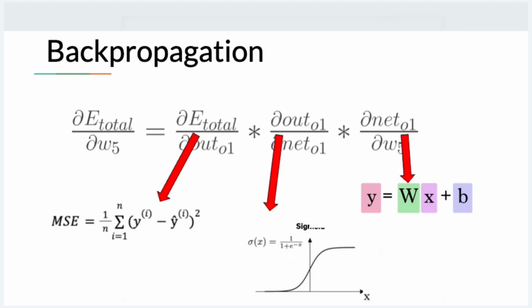Then you differentiate the output function based on the input value, or this particular equation, right? You keep the value of y, this particular equation, as your variable, and you differentiate this particular function to get the derivative. And then at the end you differentiate this particular value.